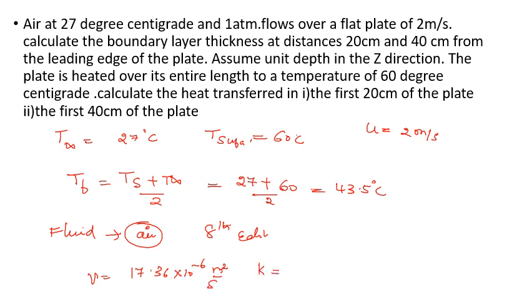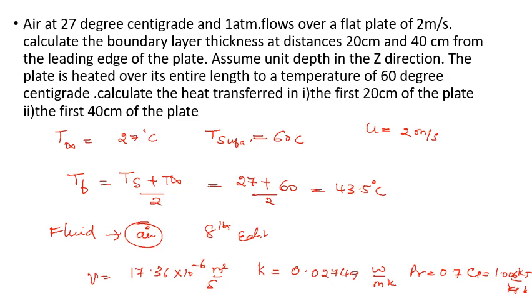Then thermal conductivity K value to be 0.02749 watt per meter Kelvin, and Prandtl to be 0.7, and Cp is 1.006 kilojoule per kg Kelvin.